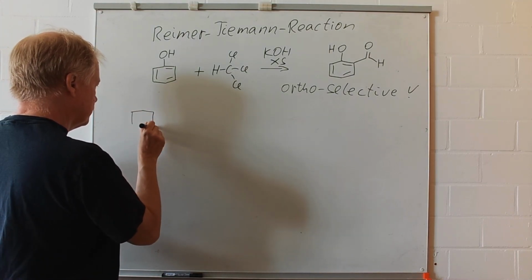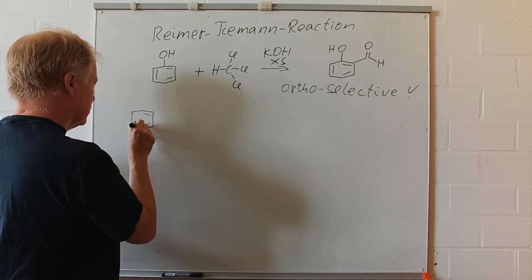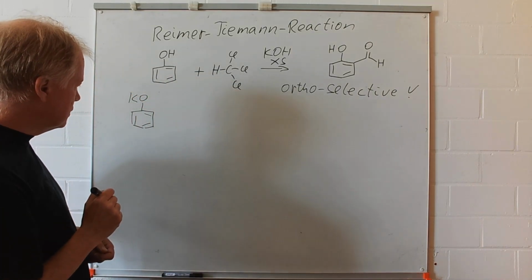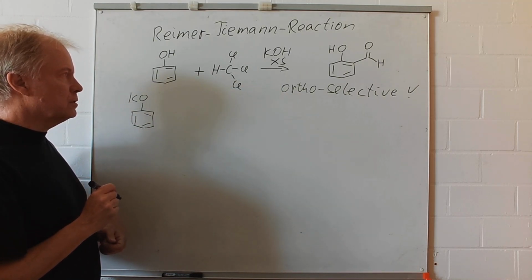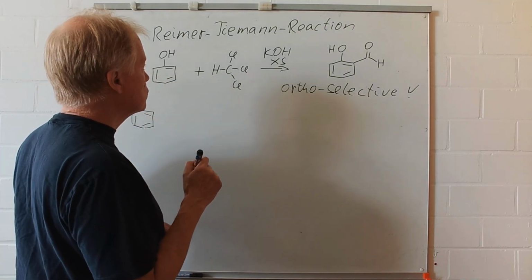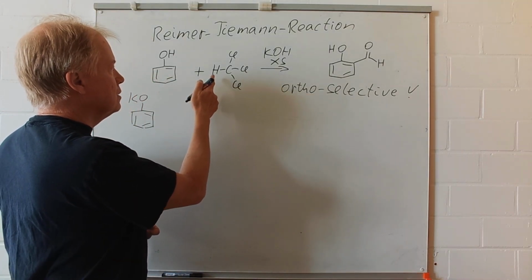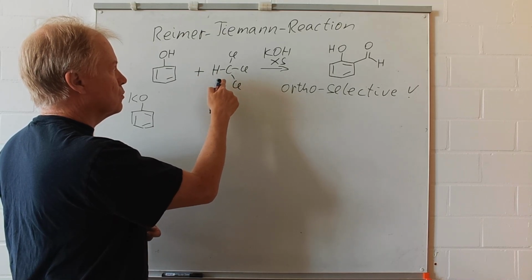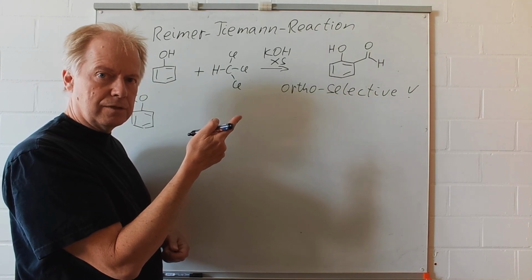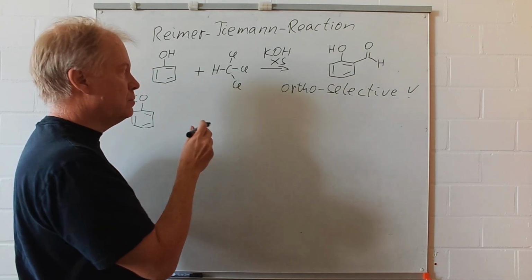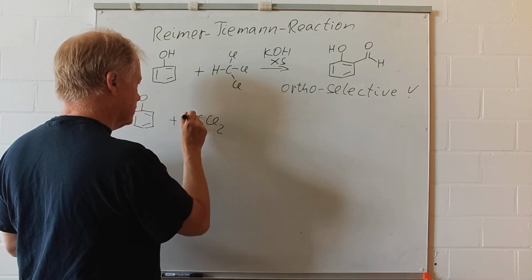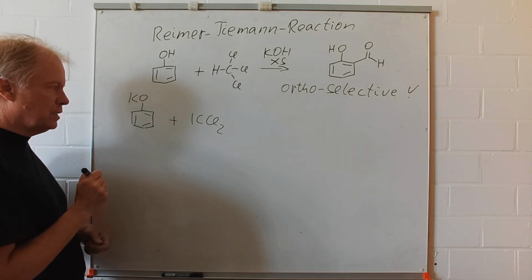So we have the potassium phenolate as one reactive component, and from the preceding tutorial we already know that chloroform in the presence of potassium hydroxide will undergo an alpha elimination to give the highly reactive dichlorocarbene.